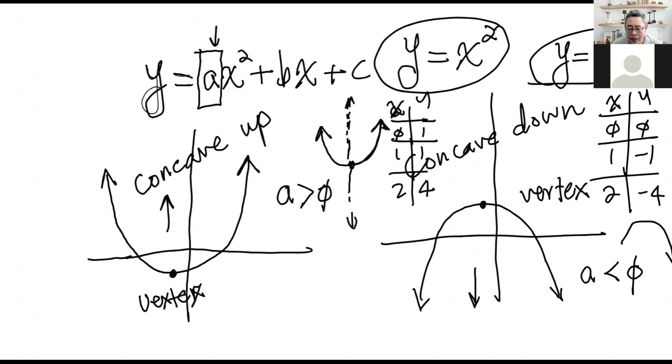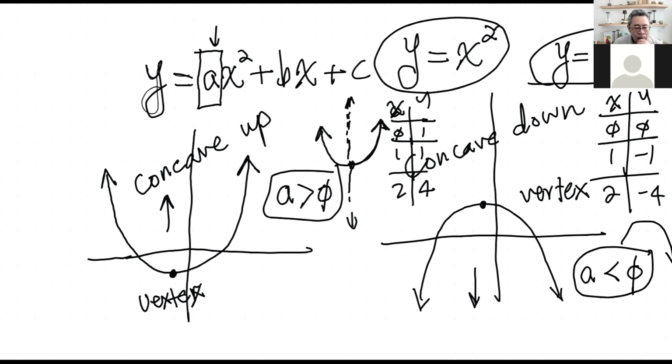Good? So by checking these two functions, you can see that when the leading coefficient is positive, it is concave up. When the leading coefficient is negative, it is concave down.